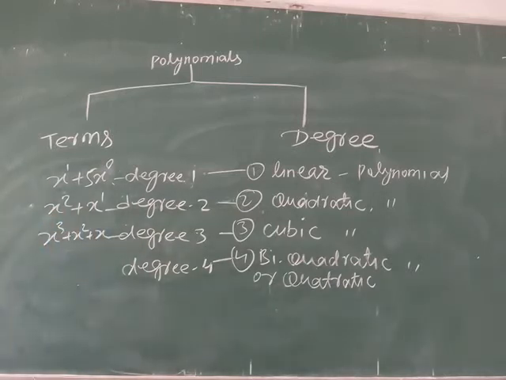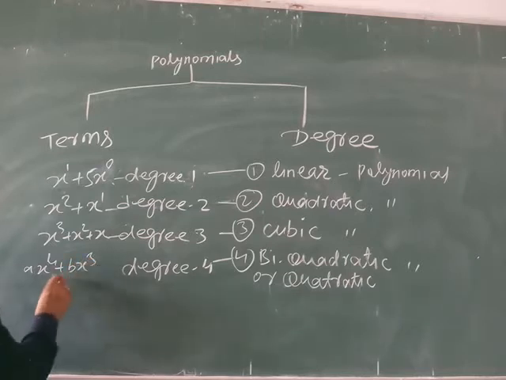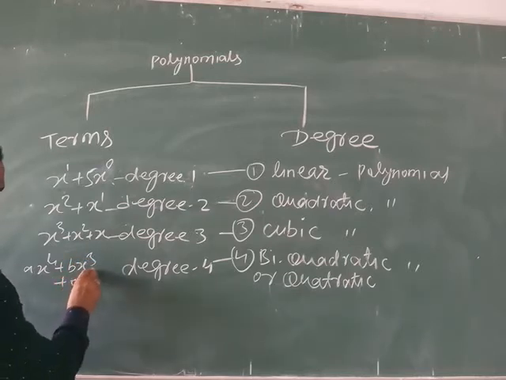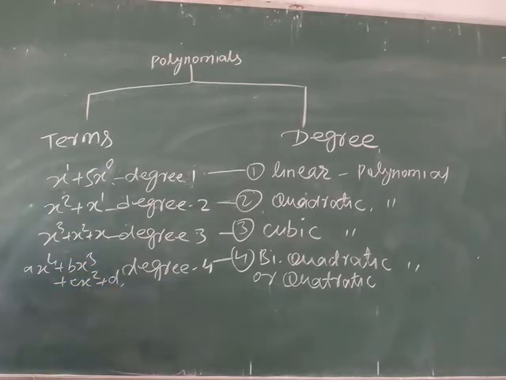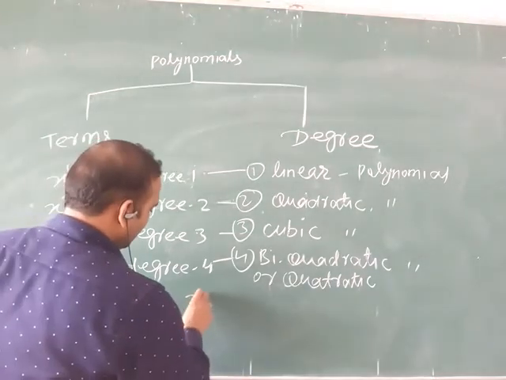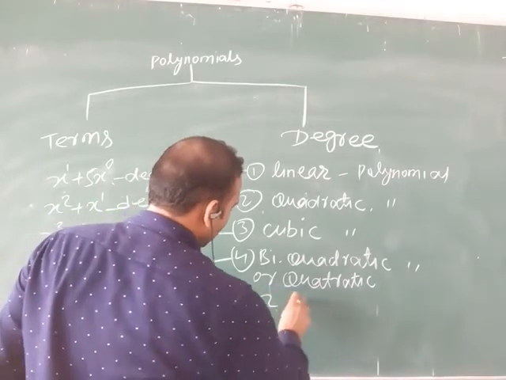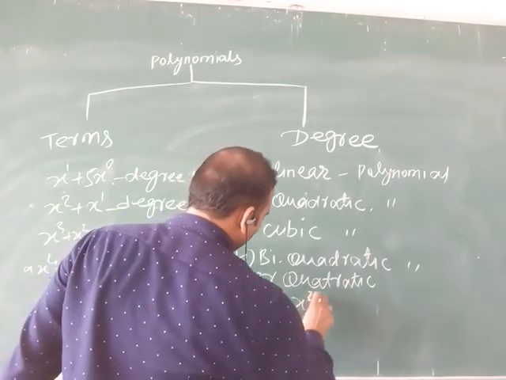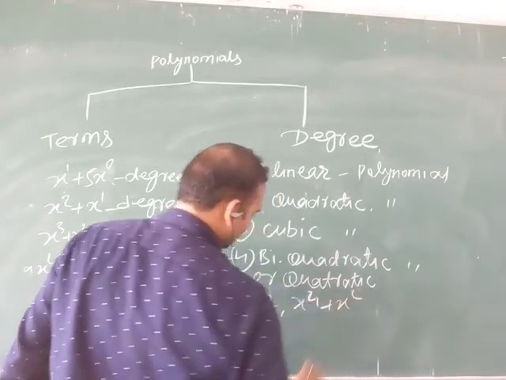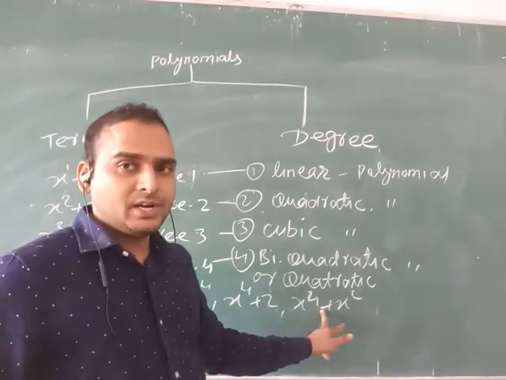Biquadratic polynomial, degree 4: ax^4 plus bx cube plus cx square plus d. That is a biquadratic polynomial, like x^4 plus 2x^4 plus x square. The highest power is 4, so it is a biquadratic polynomial.